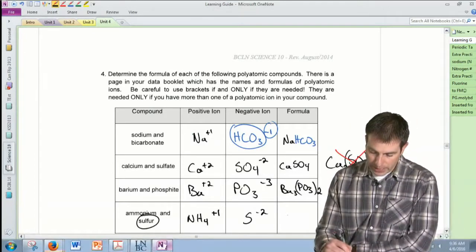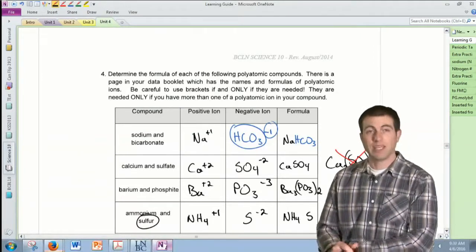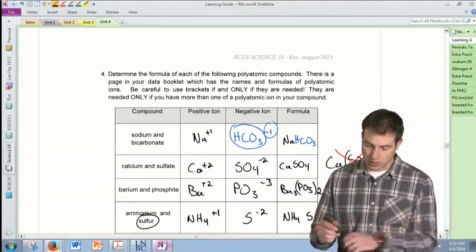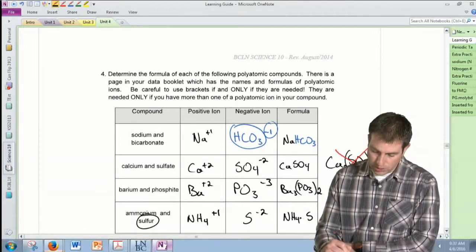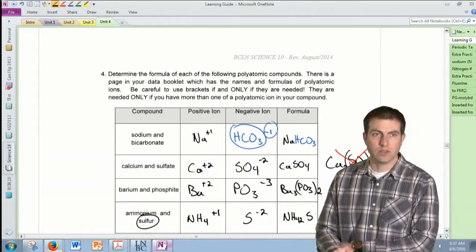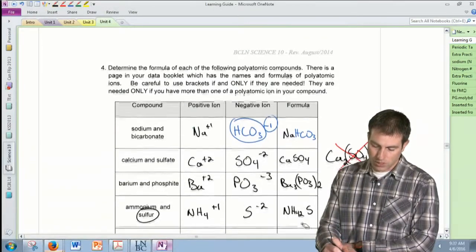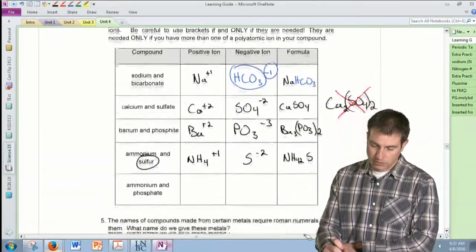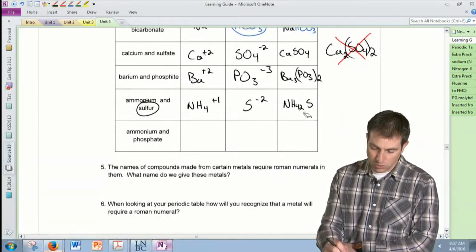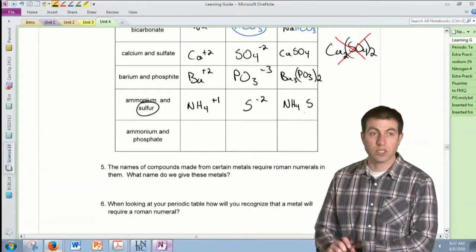So I'm going to write my NH4 group, and then I'm going to do my sulfur. And if you want to think of crisscrossing the charges, that works here. You're going to bring the 2 down, and that's going to look confusing. That's going to look like NH42. That's not what I mean. So how do I make some sort of distinction here? Well, I don't want 42 hydrogens.